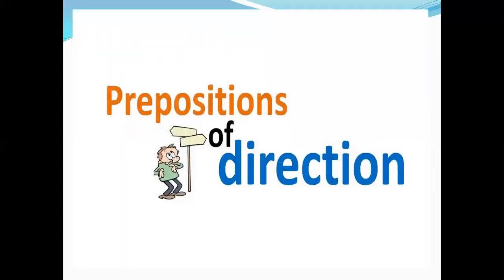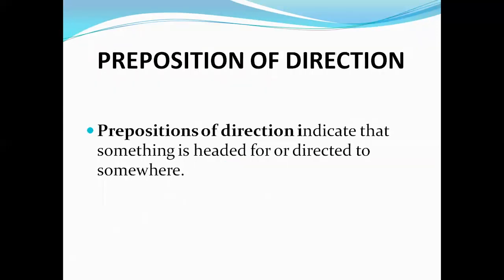Now, the next type of prepositions is prepositions of direction or prepositions of movement. Let us have a look at its definition. Prepositions of direction indicate that something is headed for or directed to somewhere.